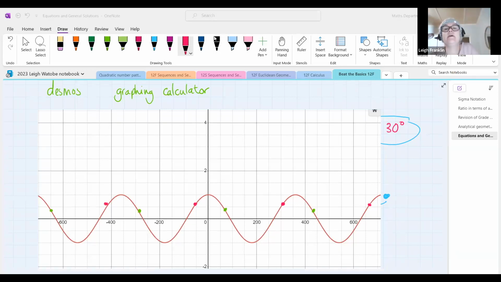Yes, you can, Nhlanhla. You can if you want to. That's absolutely fine. Okay, that's just a different way of doing a general solution. It's going to be exactly the same thing.